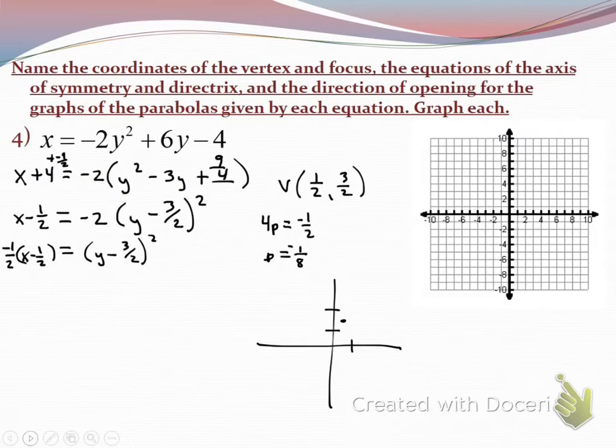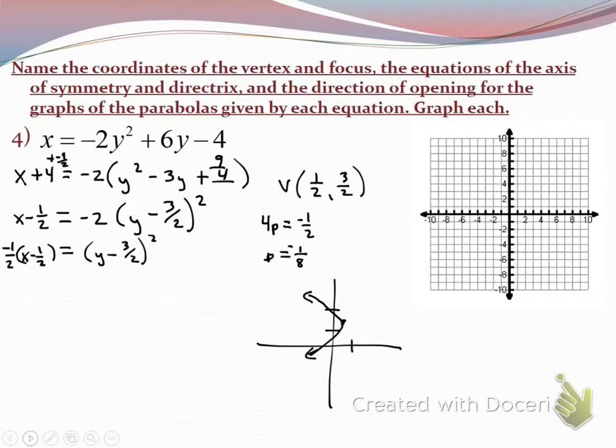And I'm not even concerned about finding the y-intercepts. We've already done that stuff. All I want is a sketch to know that my focus is inside this parabola from the vertex 1/8 inside of it.